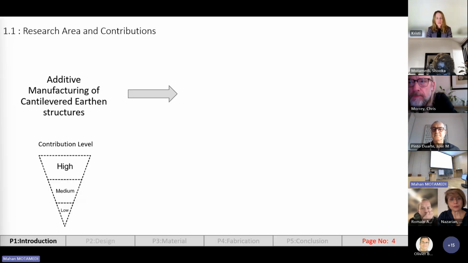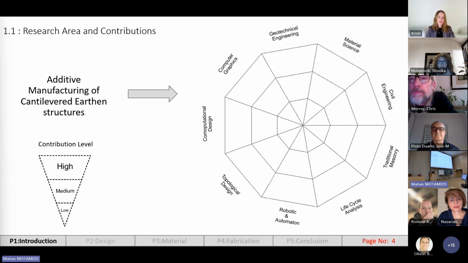Introduction and research background. In order to define the area of this research, I have to say that additive manufacturing of cantilever earthen structures is a multidisciplinary field comprising 9 different fields: computational design, computer graphics, geotechnical engineering, material science, civil engineering, traditional masonry, life cycle analysis, robotics and automation, topological design.